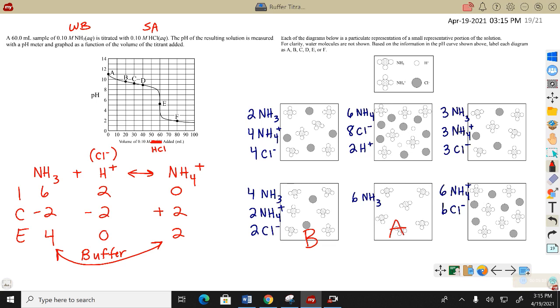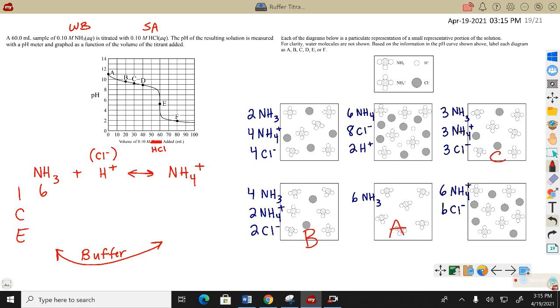All right, so did you maybe label this as point C? Let's see what would happen in my ICE table. Let's get rid of these guys. I think I might still have a buffer, so I could leave that. Okay, so initially there were always 6 NH3s.